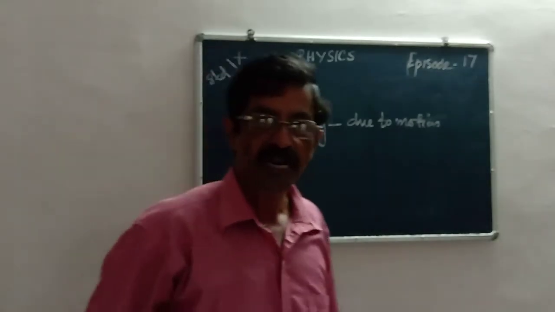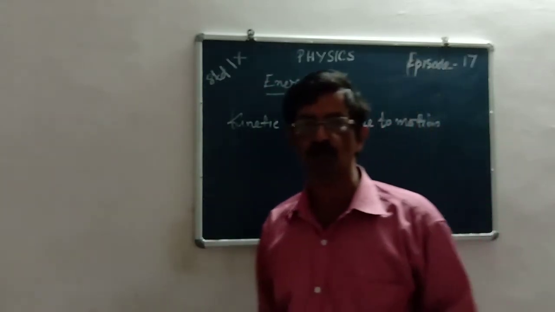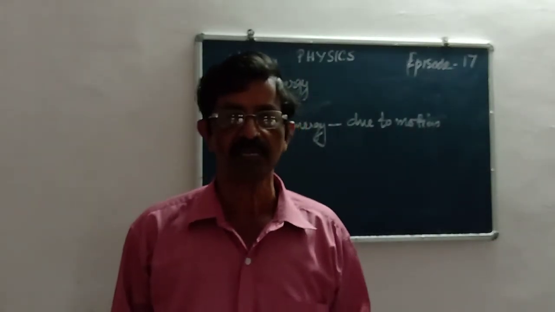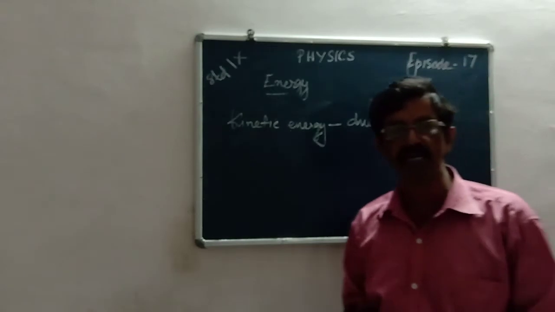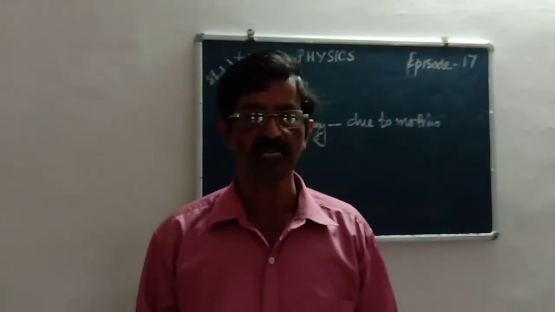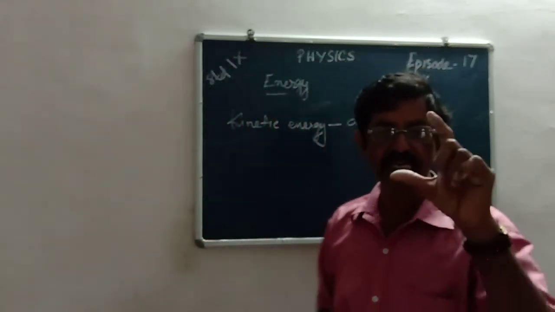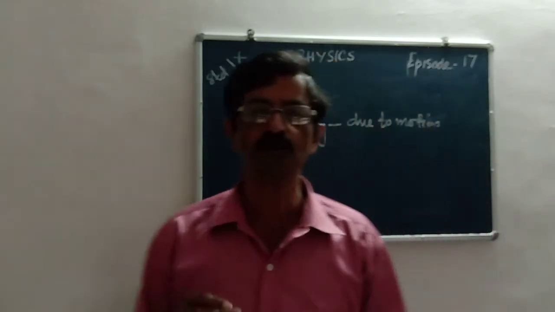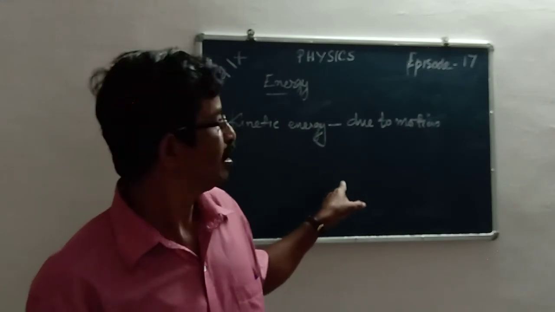You know, energy is the capacity to do work. So the unit of energy and work are the same. What is the unit of work? Yes, it is joule. The unit of energy is also joule.